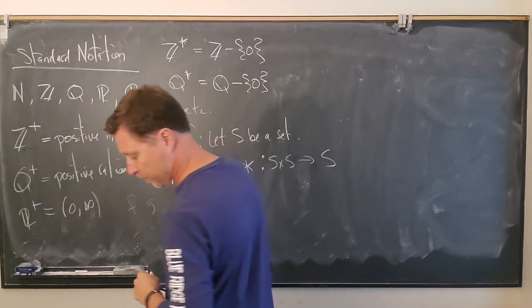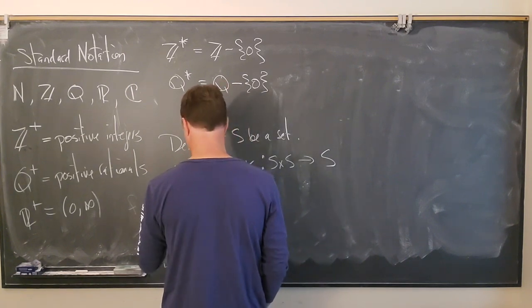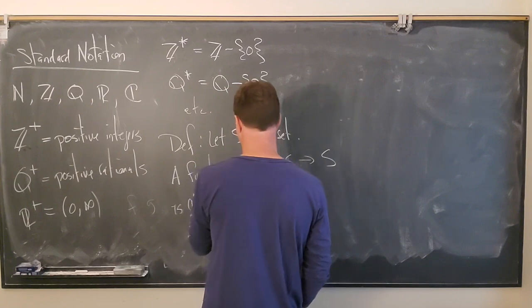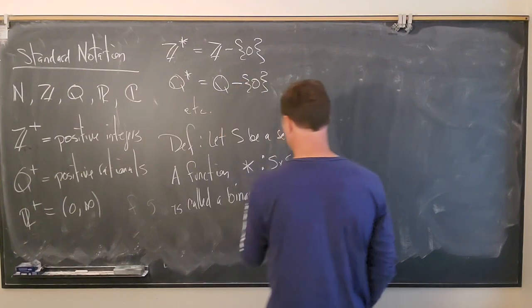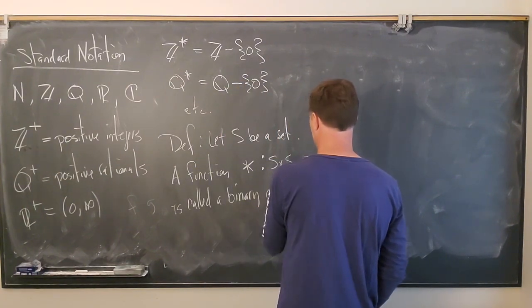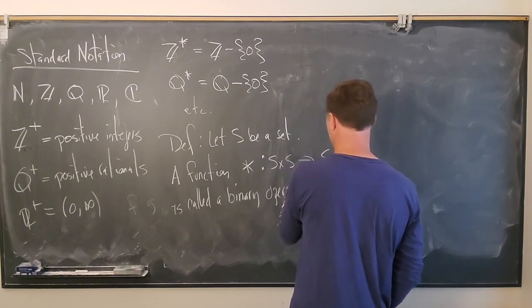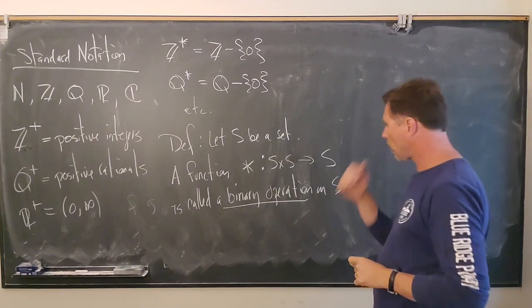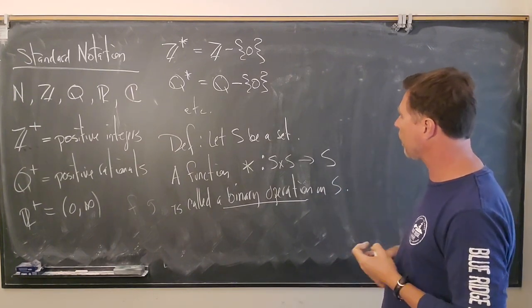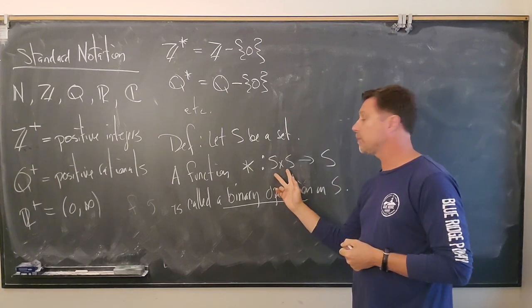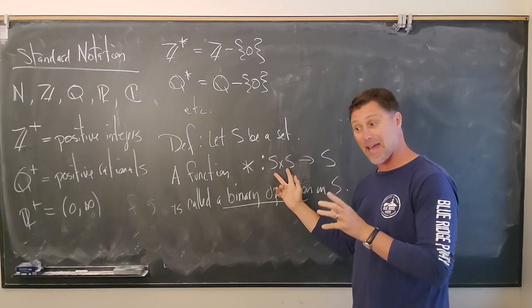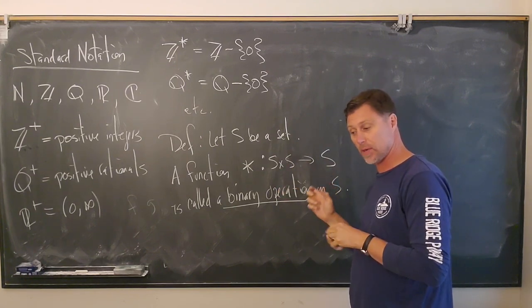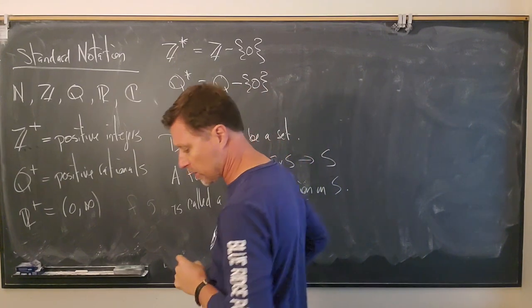It's called a binary operation on capital S. So what is that saying then? A binary operation takes a couple of elements from S and assigns to that pair an element of S. That's what a binary operation does.